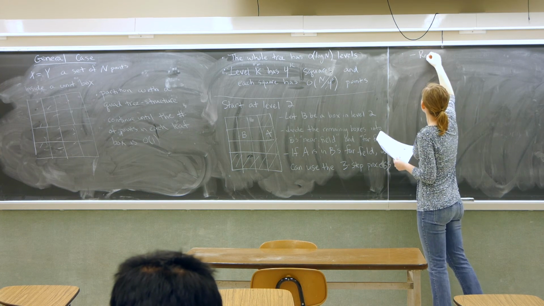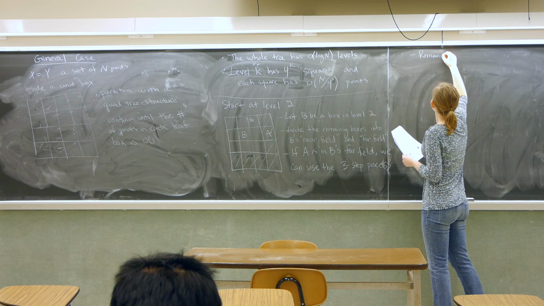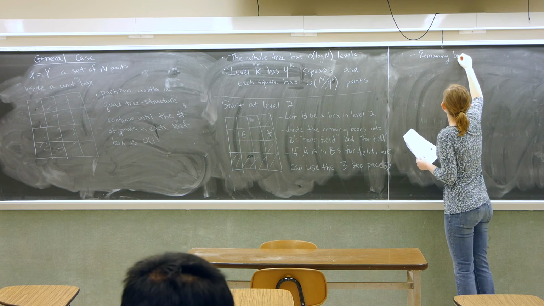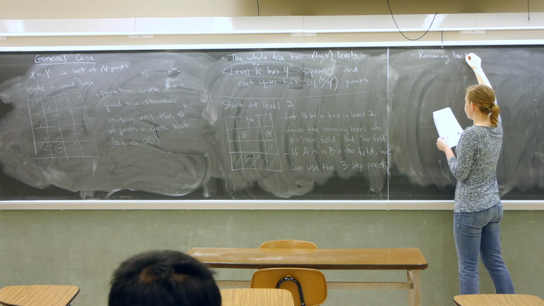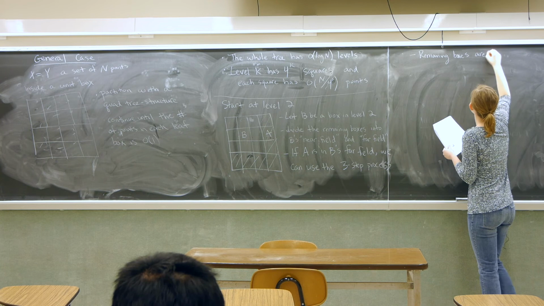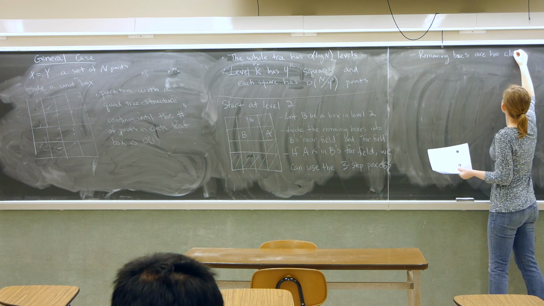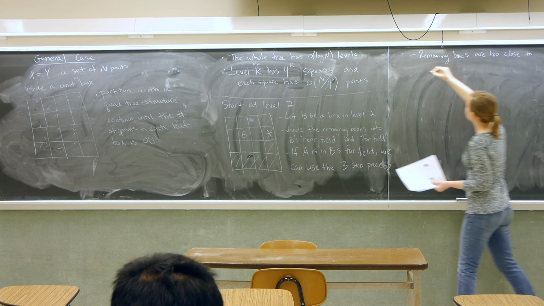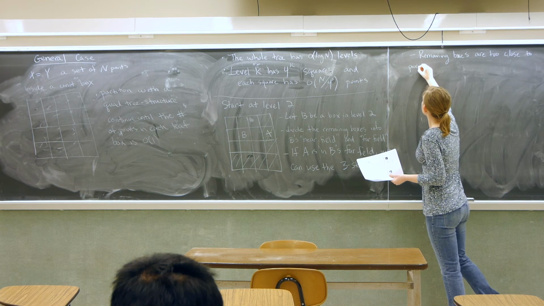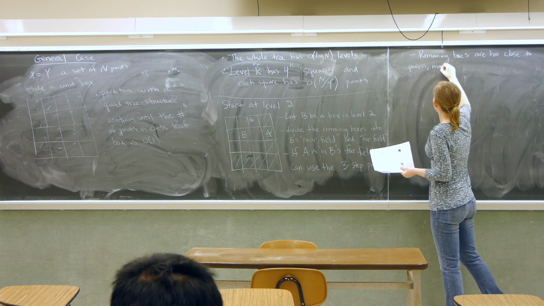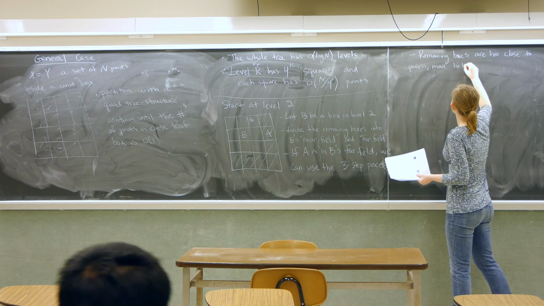So the remaining boxes are too close to process, and we move down to level 3.